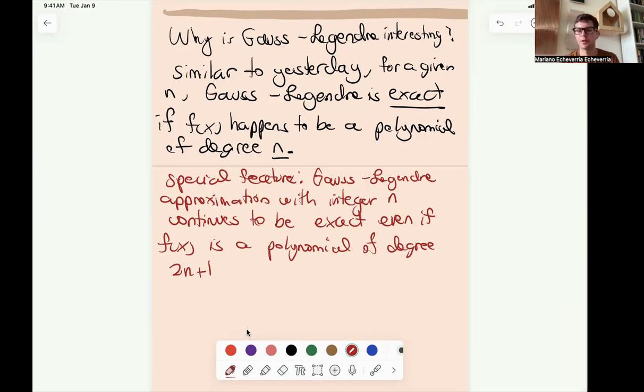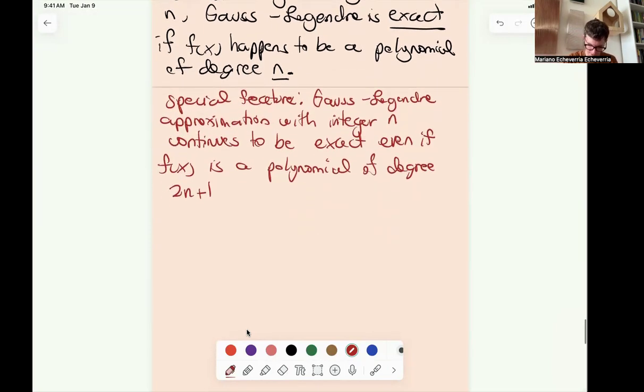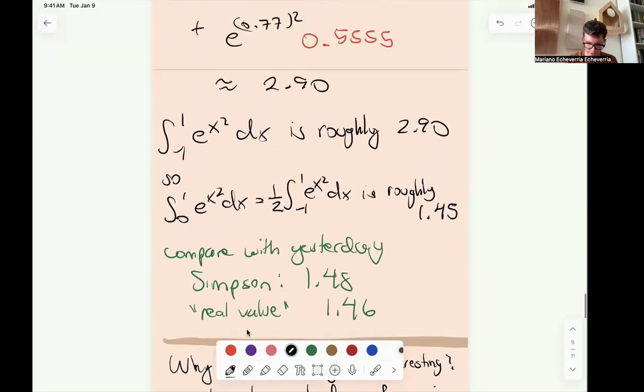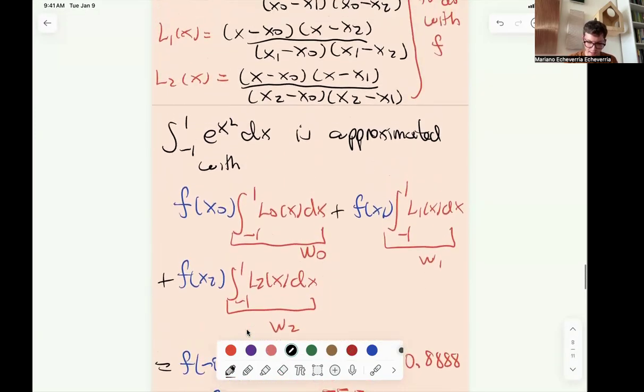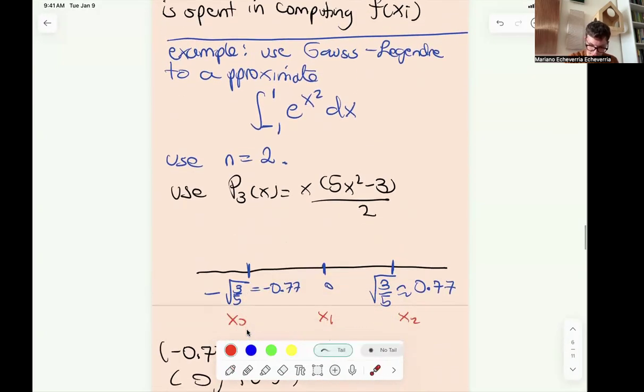Just before explaining why this is true, to make it more concrete, suppose n is 2. That is actually what we were doing in the earlier example, because I chose n equals 2.